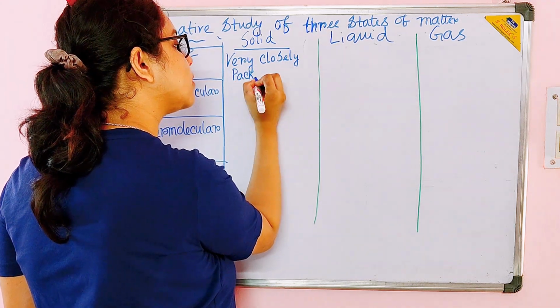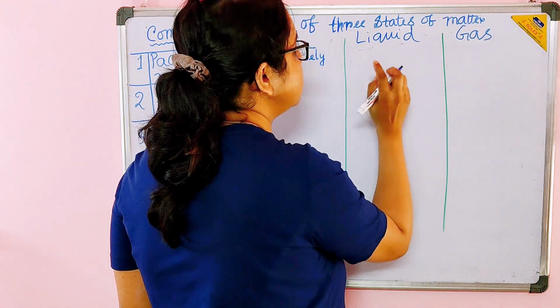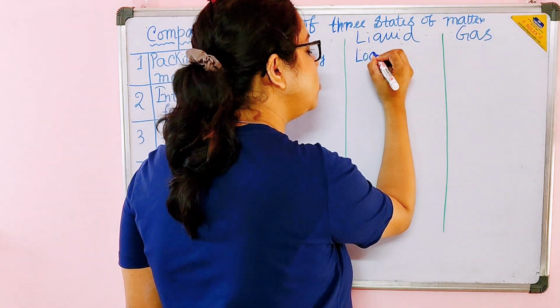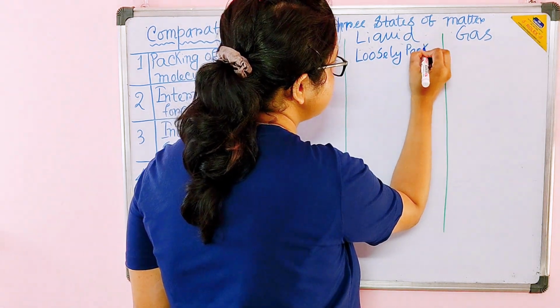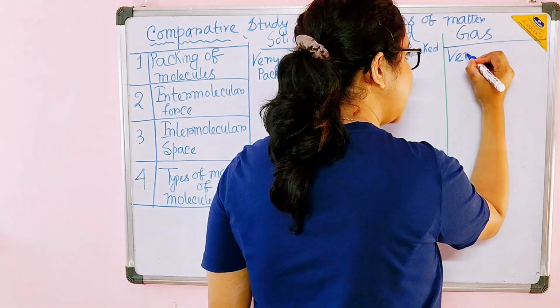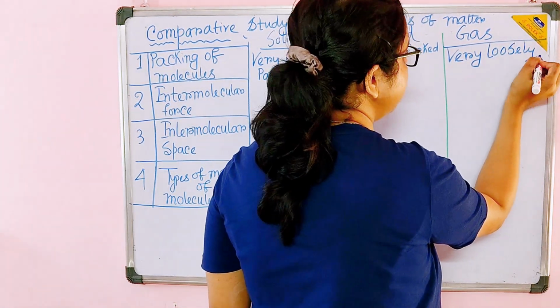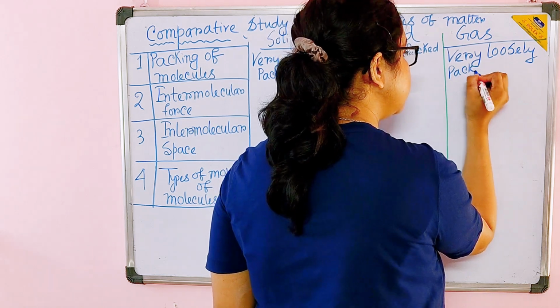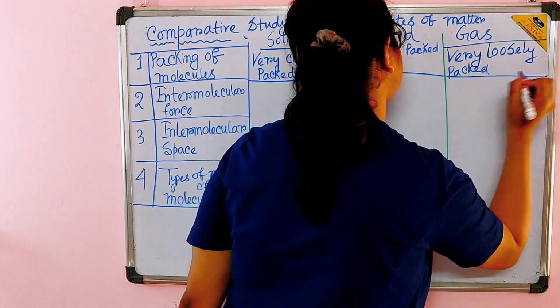In case of liquid, they are loosely packed. In the previous classes, I have already discussed this. And in case of gases, the molecules are far apart from each other, so they are very loosely packed. This is clear, I think. So the first point is complete.